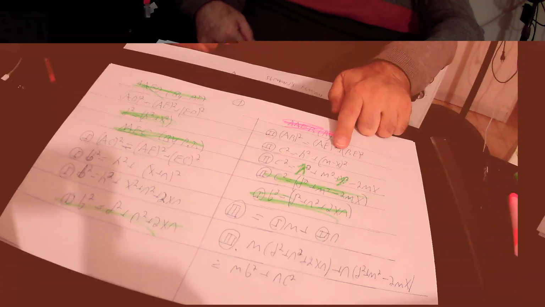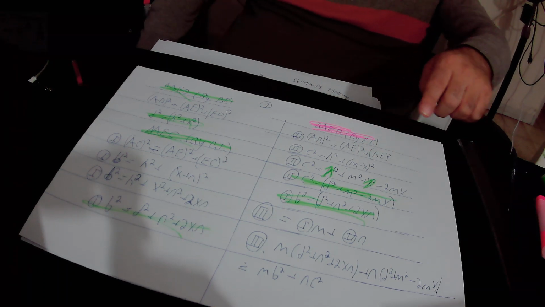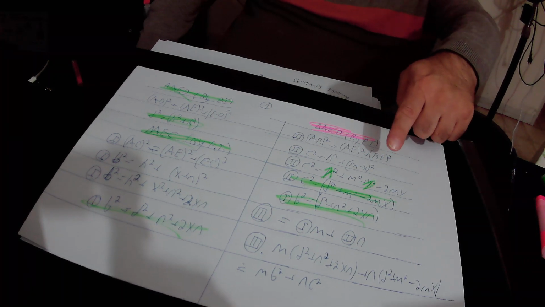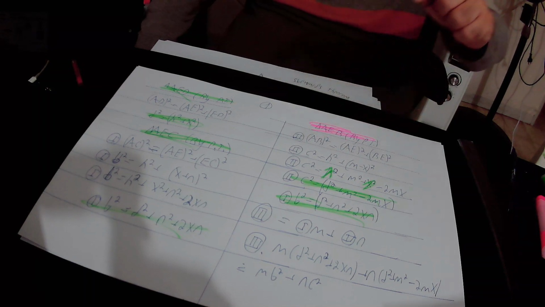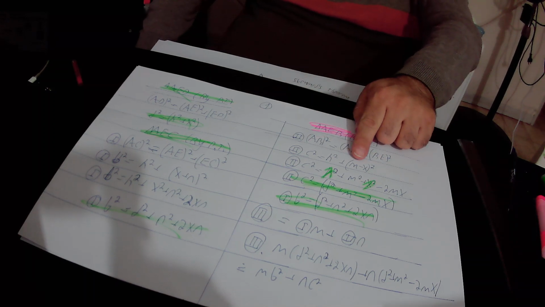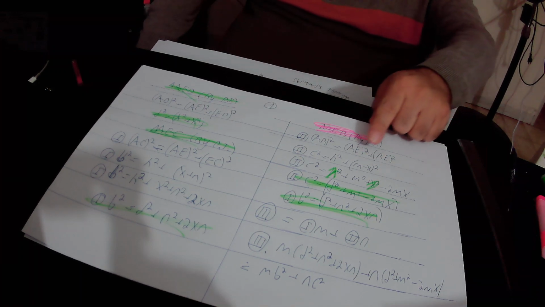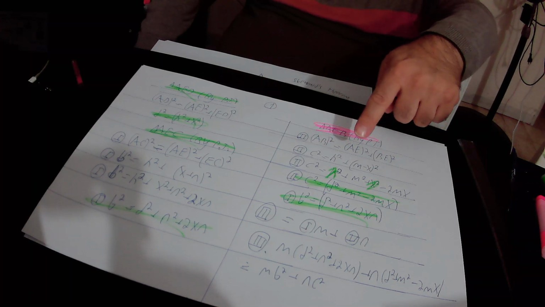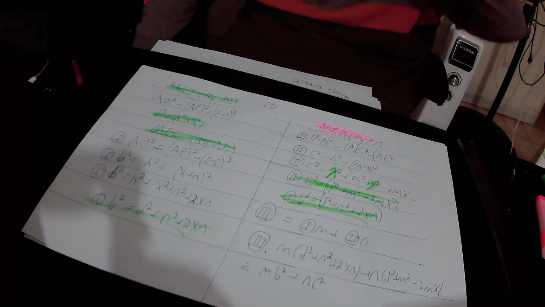We get that c square equals h square plus m square plus x square minus 2 times mx. Again, here h square plus x square equals d square according to this equation, and therefore we substitute h square plus x square by d square. And we got that c square equals d square plus m square minus 2 times mx.